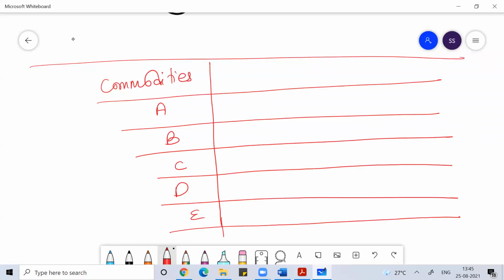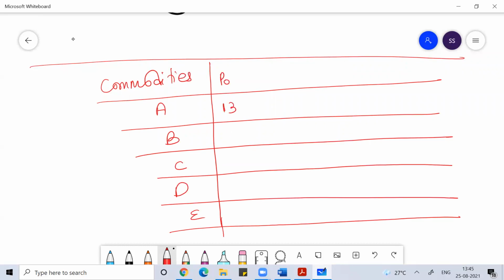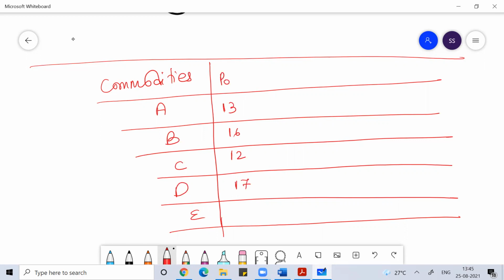The P naught values for these 5 commodities are 13, 16, 12, 17, 18. Then P1 values are 14, 17, 14, 19, 20. This is P naught and P1.